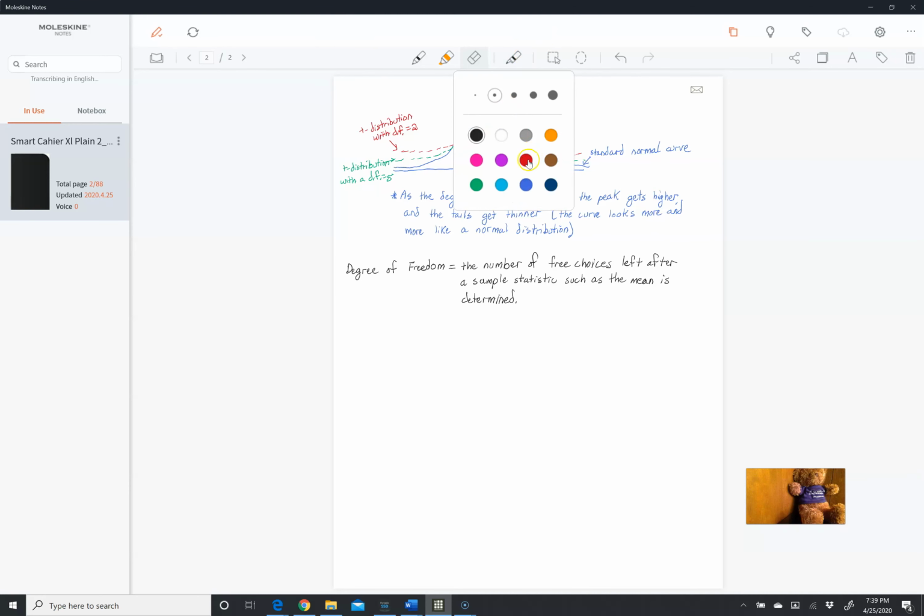That you can figure this out very easily. So if you are using the sample mean to estimate the population mean, which is what we're doing, remember the sample mean is being used as a point estimate for the population mean, and then we're developing confidence intervals, just like we did in the last lecture.